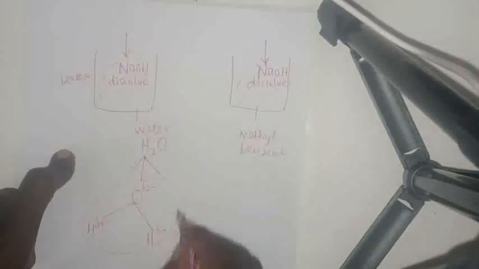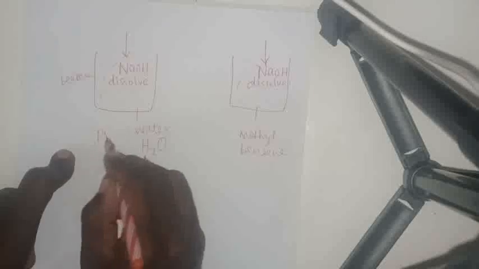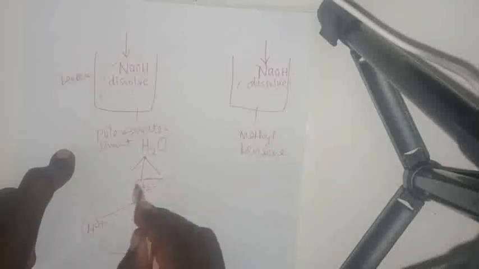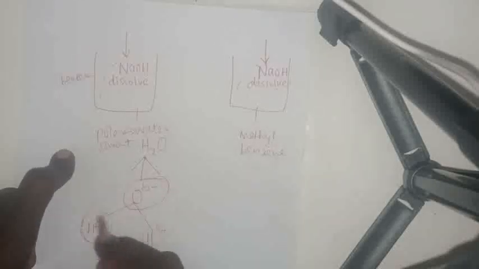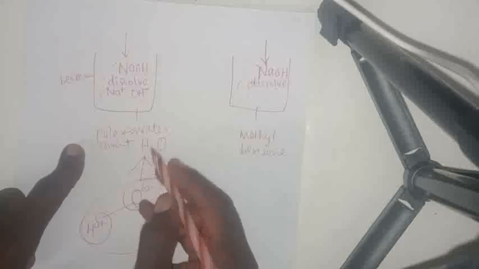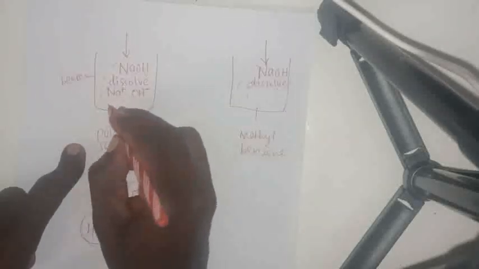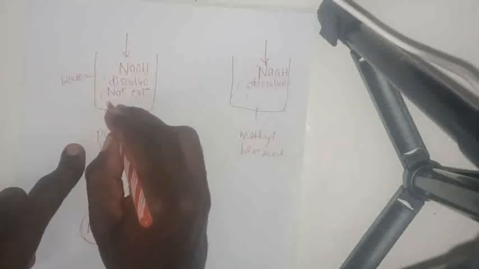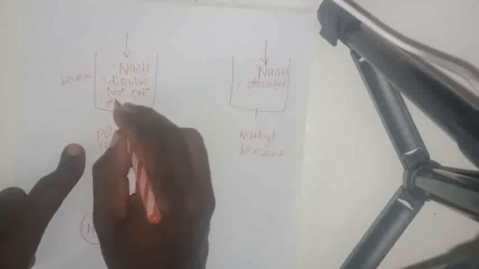In water, which is a polar solvent, partially negative and partially positive, the sodium hydroxide dissociates or ionizes into sodium ions and hydroxide ions. The sodium ions are surrounded by the oxide, which is negatively charged.